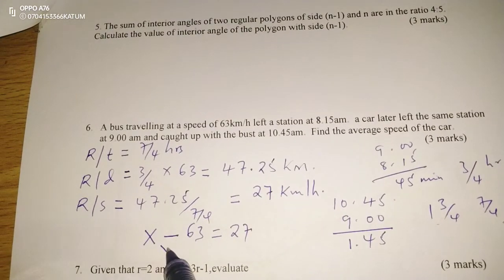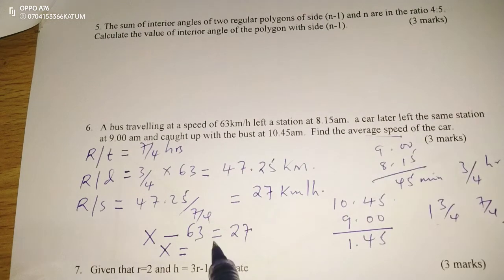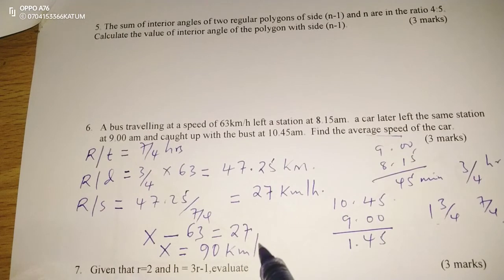Therefore, to remain with x, the average speed of the car, we take 63 and add 27, so that we get exactly 90 kilometers per hour.